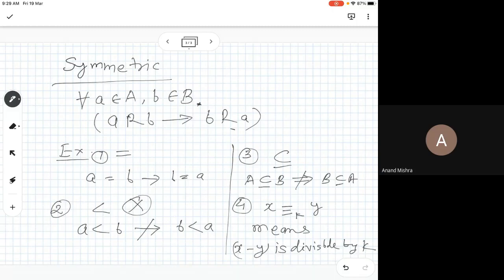So congruence mod k is also a symmetric relationship, because x minus y is divisible by k. Sorry, a and b both should be in the same set. In the third example, a and b.